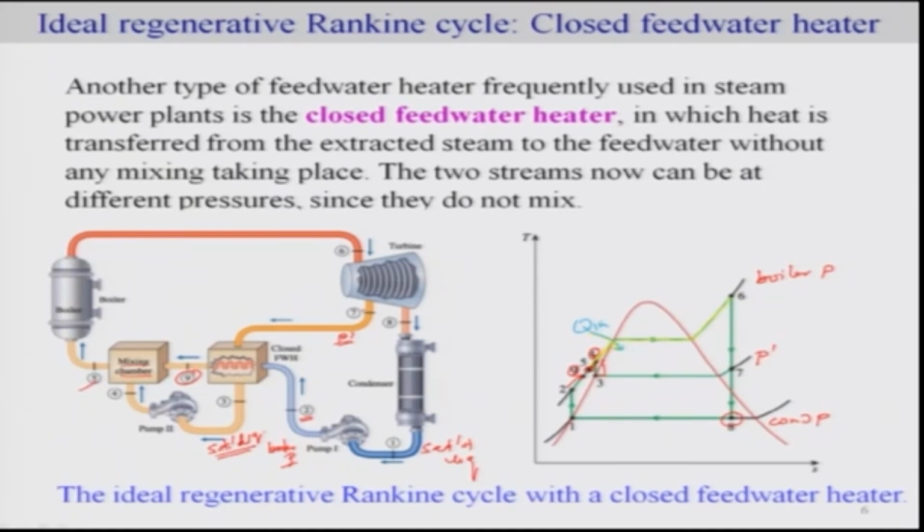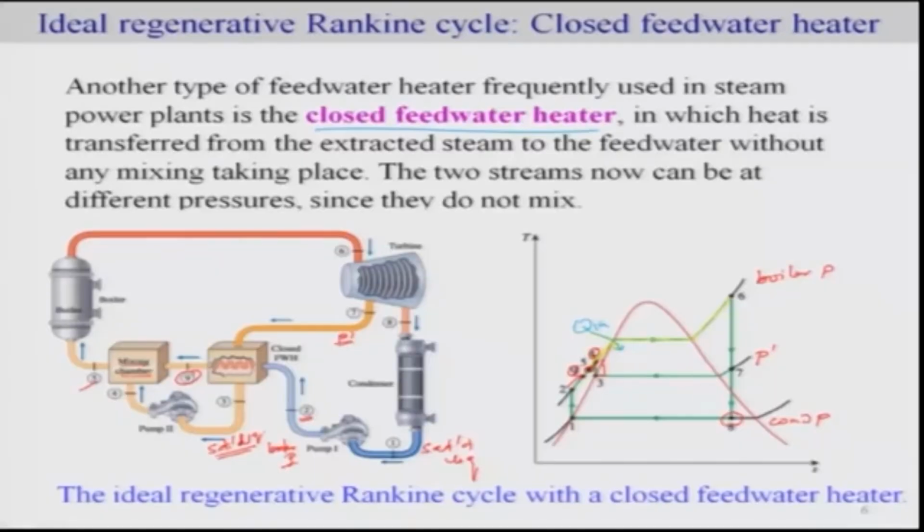By using this closed feed water heater, we have also raised the average temperature from what is observed at 2 to 5, without mixing here, which can exchange heat at different pressures. But of course, also here we are having a physical mixing. So, this is a different way of increasing the heat or temperature of the fluid before entering the boiler, and that is the regenerative Rankine cycle.